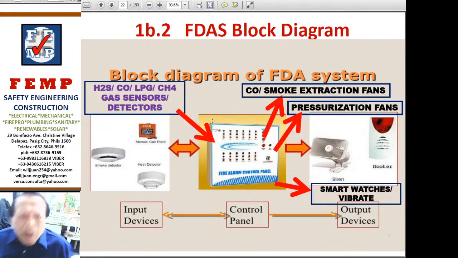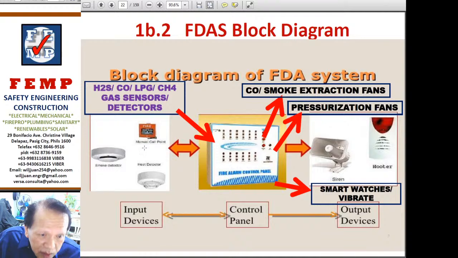Okay, here is a schematic showing us the fire detection and alarm system, or FDAS. So the original FDAS just simply included this portion, no? So you have the smoke detectors, the heat detectors, and the manual pull stations, no? And you have a fire alarm control panel, or FACP.